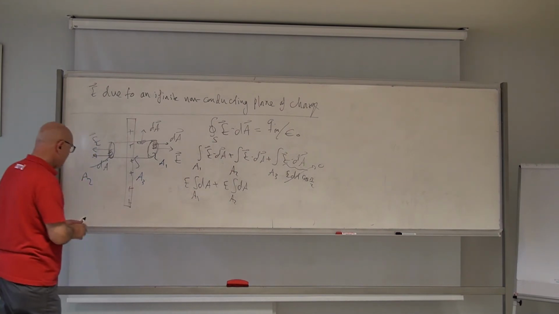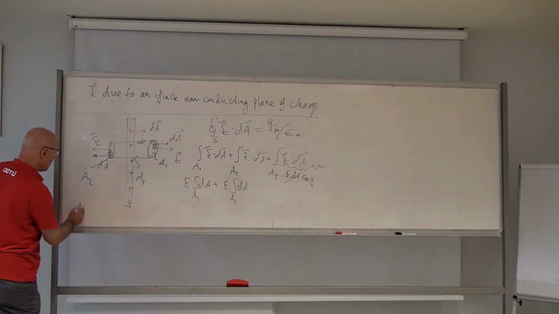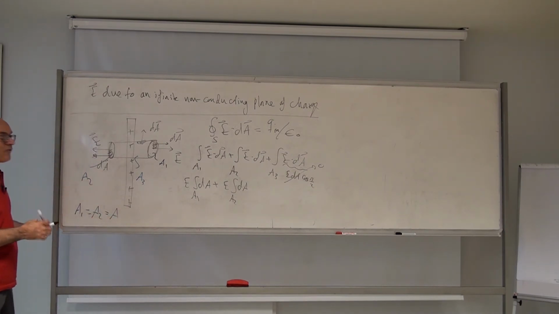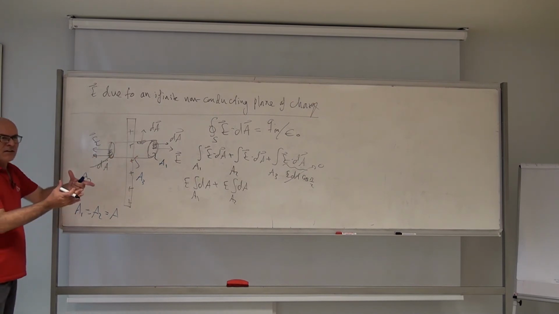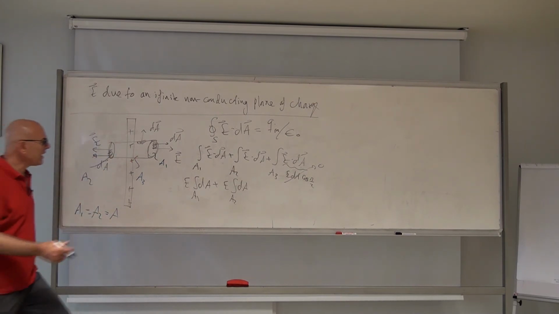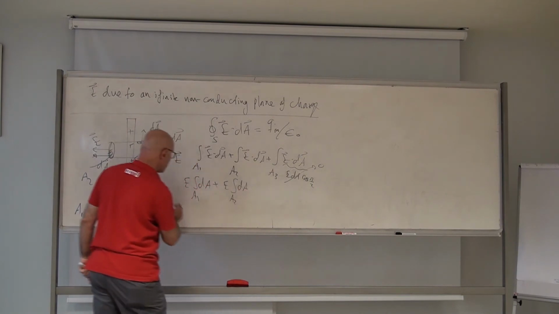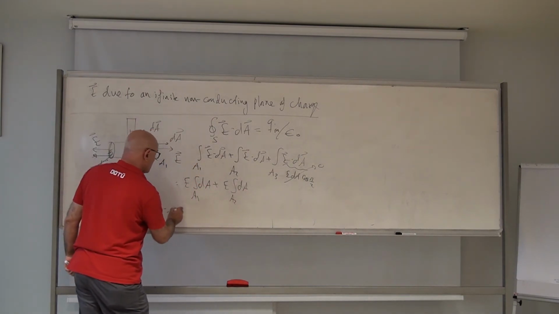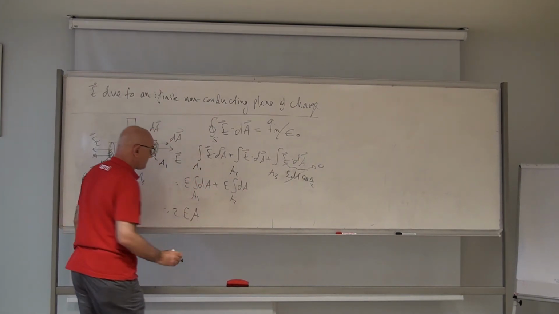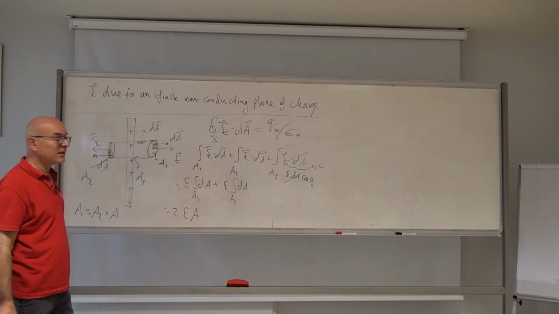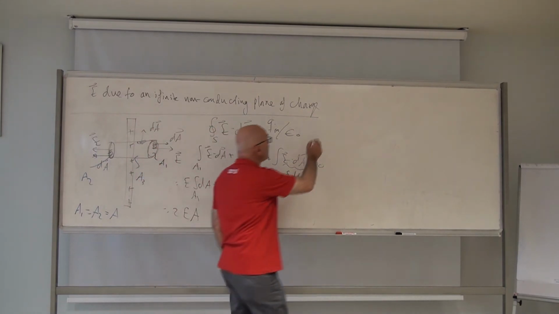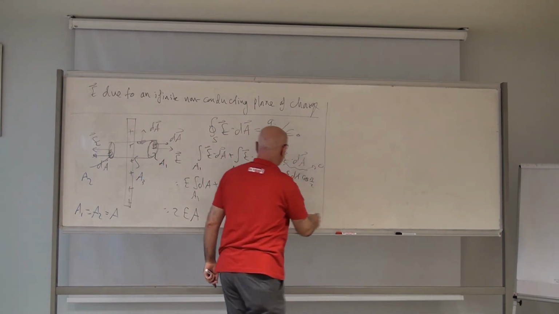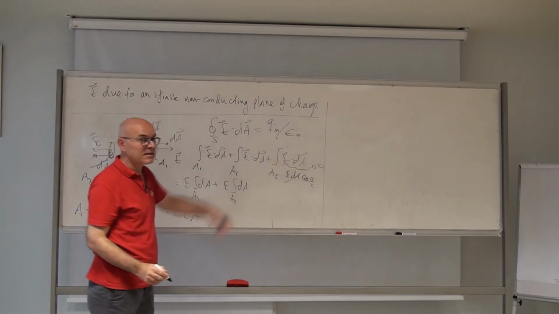Now, A1 is equal to A2, equal to A. These two surfaces have the same area, so just call it A. So this quantity becomes twice EA. So this is the left-hand side of the equation.